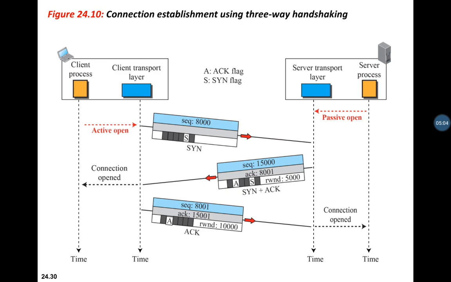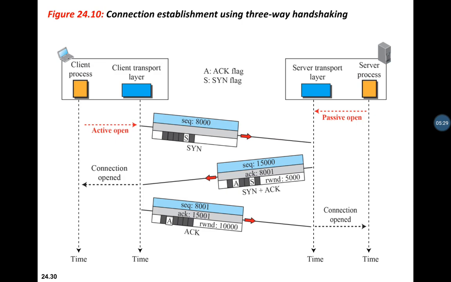The server also acknowledges the receipt of SYN from the client by setting the acknowledgement flag and displaying the next sequence number it expects to receive from the client. Also, there is a receiver window size, which is RWND. This also consumes one sequence number.